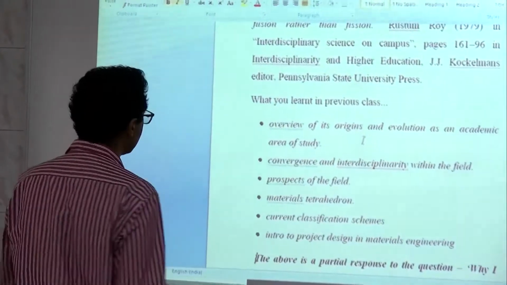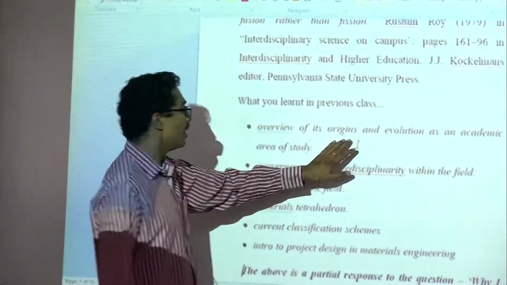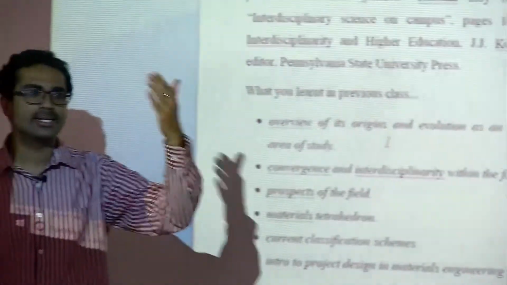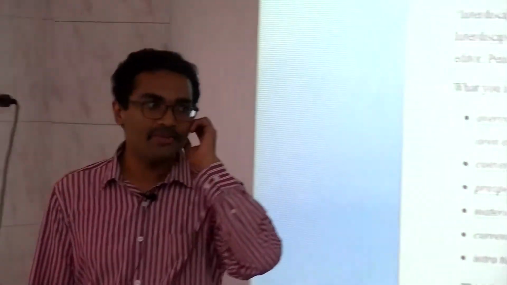So what you learned in the last class is an overview of the origins of material science as an academic discipline of study. So where does it come from? What is its history? We in fact had an overview, but at the same time you saw that the tradition at least has a fairly longish history, though as an academic department it came together only in the last century.